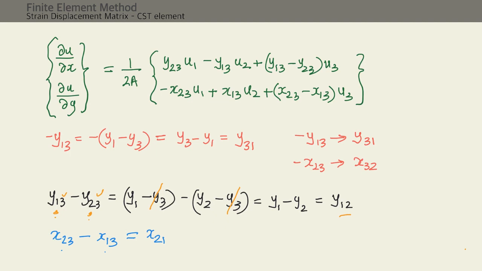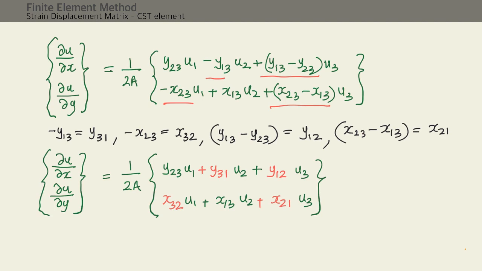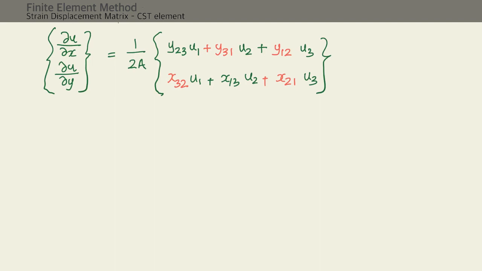So from these, let me substitute this term, this term, this term, as well as this term. We get the expression as shown here. The terms I have replaced are shown in red color. Let us write ∂v/∂x and ∂v/∂y.